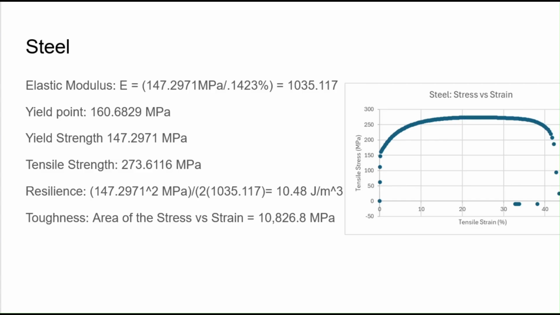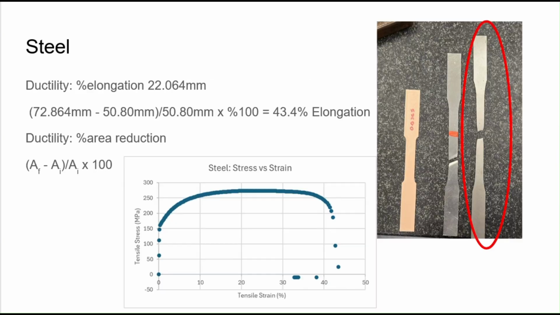0.6116 megapascal. Our resilience again is the yield strength squared all over 2 times the elastic modulus, which came out to 10.48 joules per cubic meter. Our toughness was 10,826.8 megapascal.